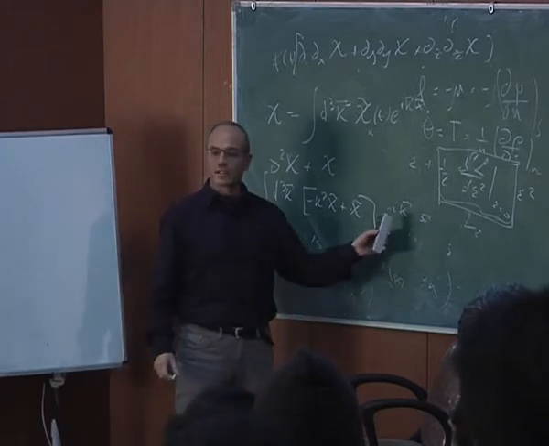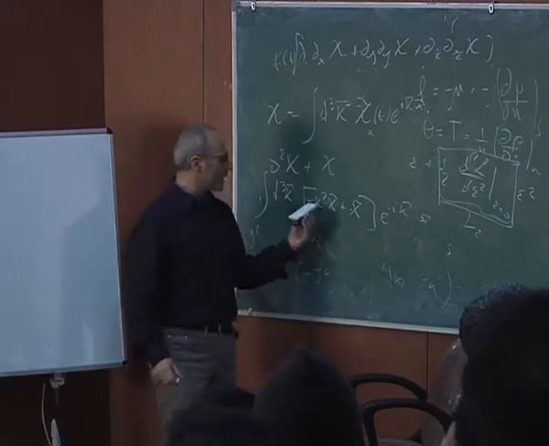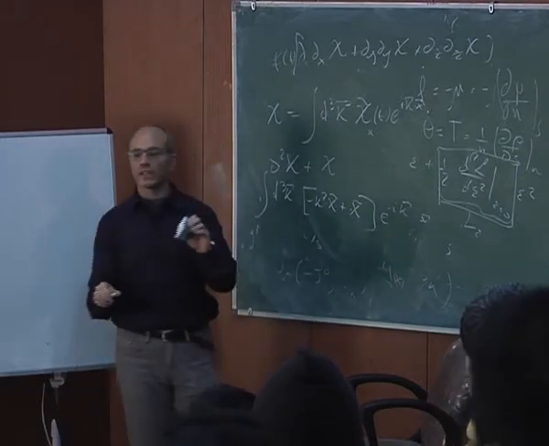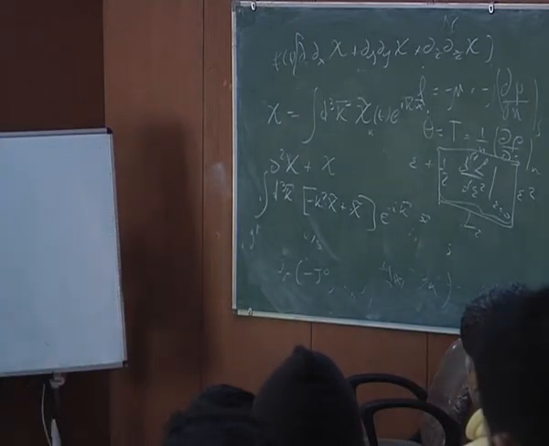So this thing factorizes. So then you see each k will completely, you don't see any coupling between k1 and k2.